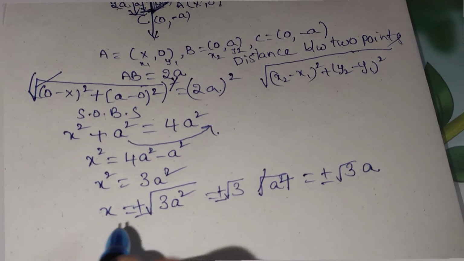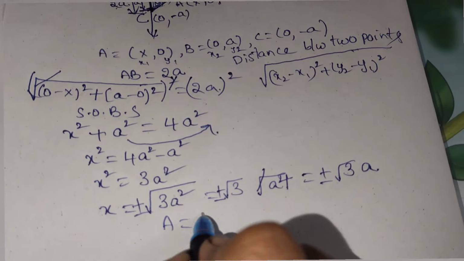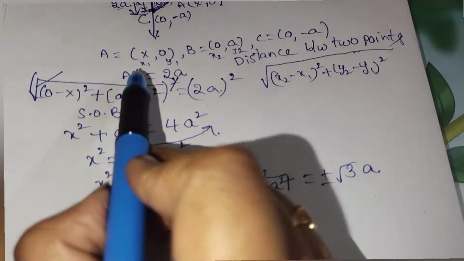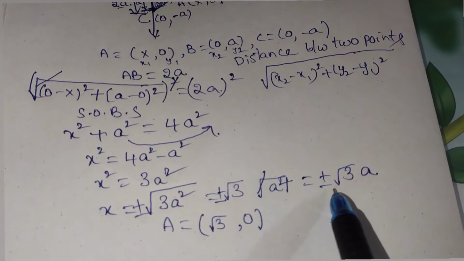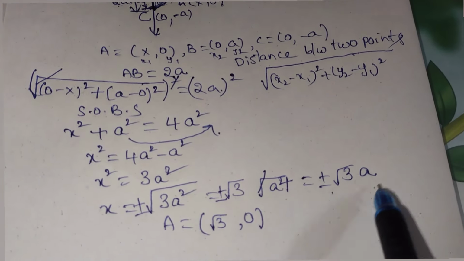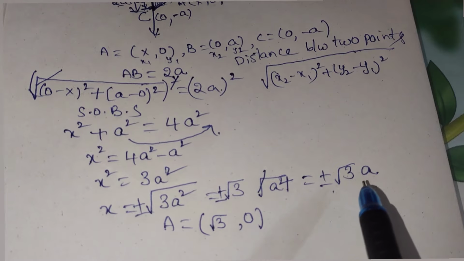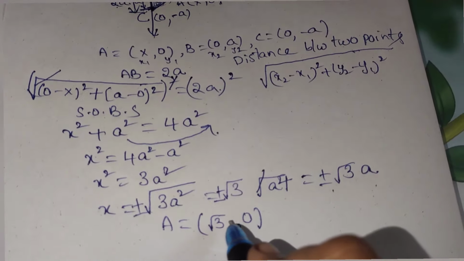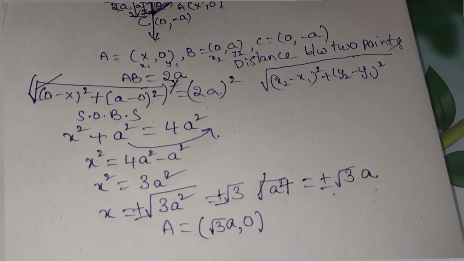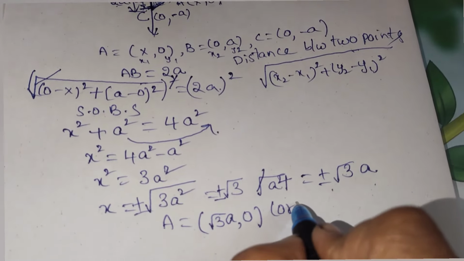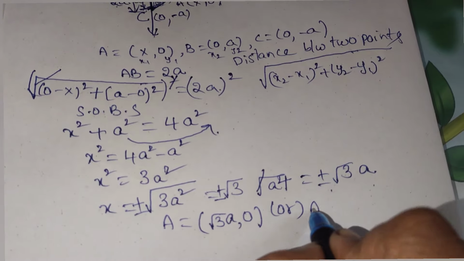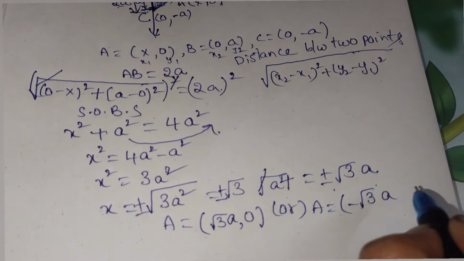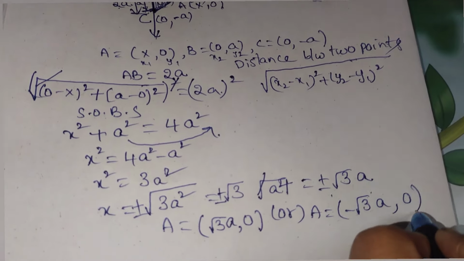So the vertices, here a point is plus root 3, 0, that is (x, 0) we consider. We got x as plus or minus root 3a, 0, means when it is plus root 3a, the point is root 3a, 0. Or when it is minus, then a is equal to minus root 3a, 0.